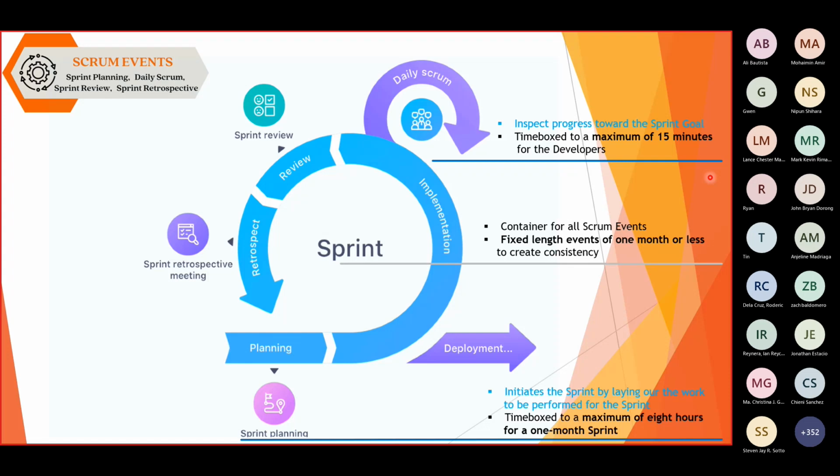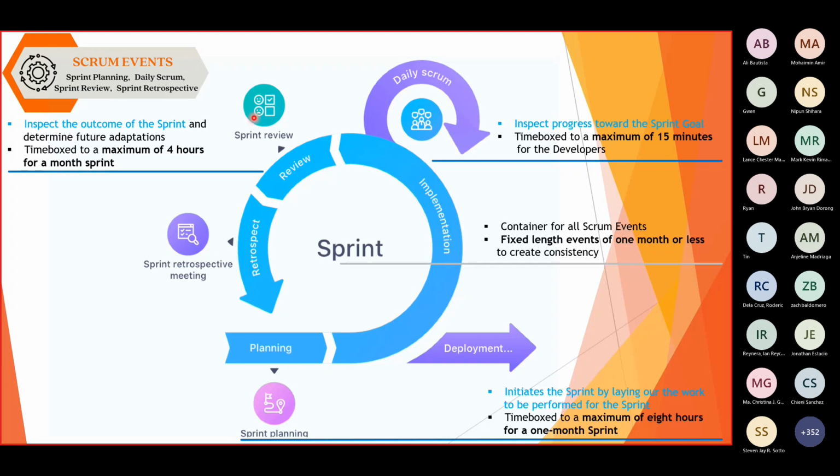Okay, so after the implementation phase, and we have already completed the duration of the sprint and the sprint is almost done, we'll now proceed to the next event, which is the sprint review.